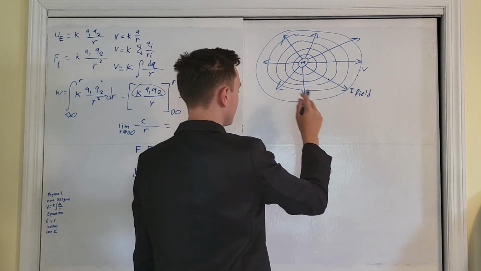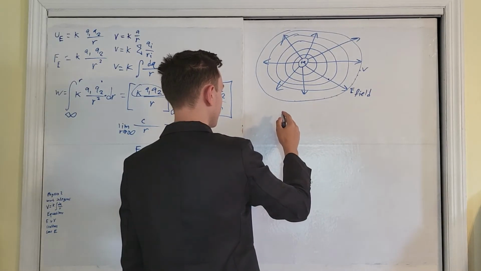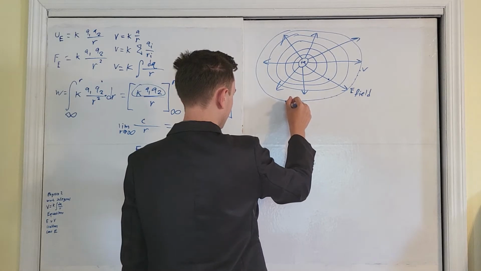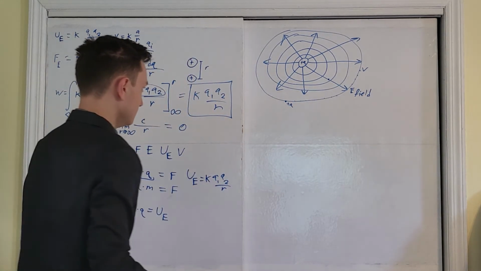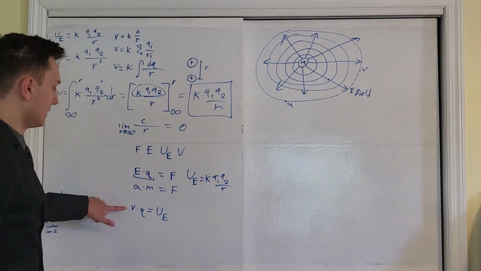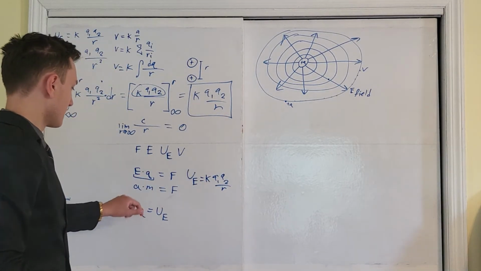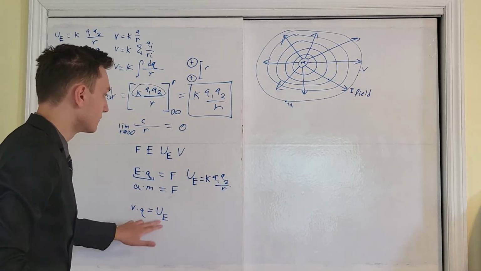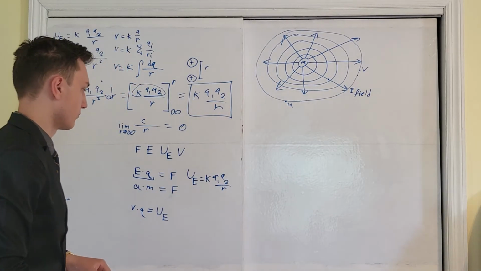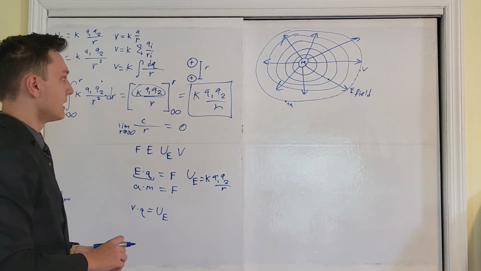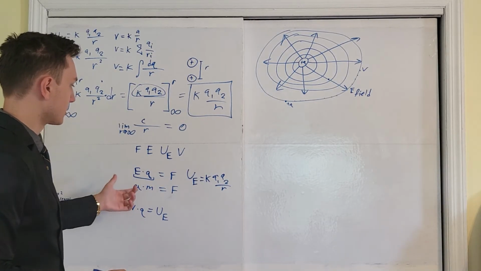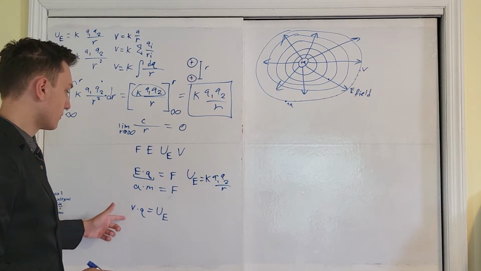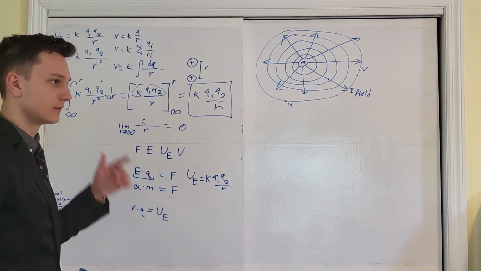What the isolines tell us is if I were to drop a positive point charge plus Q right here, I would take the electric potential at that point, multiply it by the charge I just dropped there, and that would give me the electric potential energy at that point. Electric field is a determinant of the electric force felt. Electric potential is a determinant of the electric potential energy.